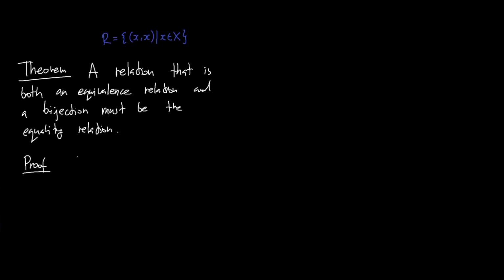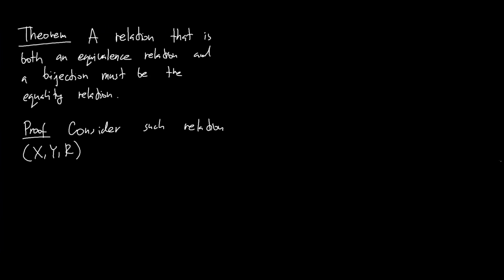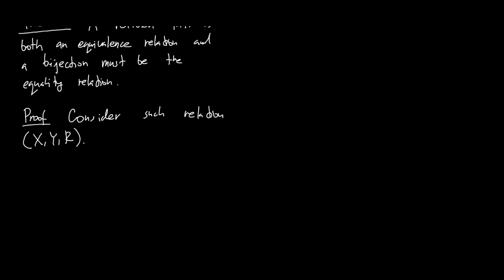For a relation to be equality, consider such a relation r on x, y. Now, by reflexivity, which is part of being an equivalence relation, we get that this is true for every x.